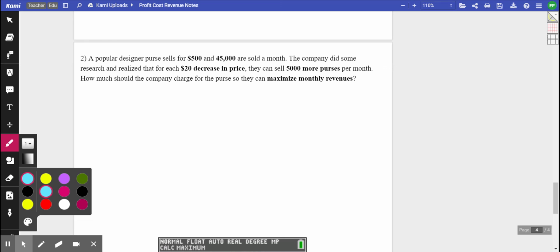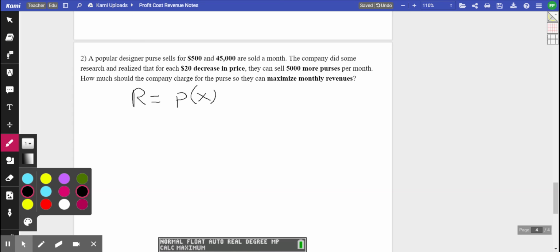So we're looking at really two different things here when we're talking about revenue. We're talking about the price for the item, and the number of items that are sold. This is similar to before when we were trying to come up with our revenue function. So our revenue is going to be our price, which I'll call P, multiplied again by X, our number of items sold. Let's think about our number of purses sold.